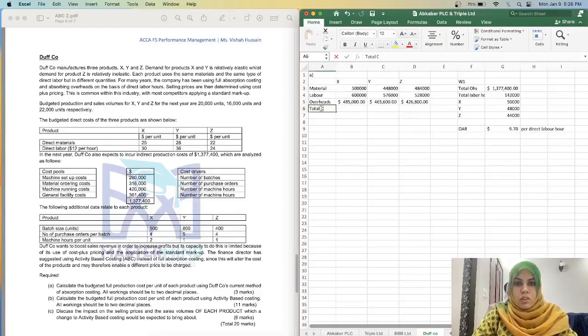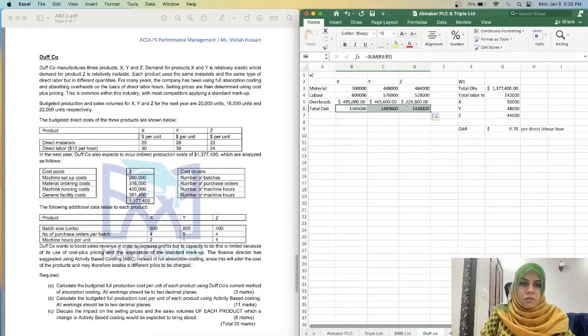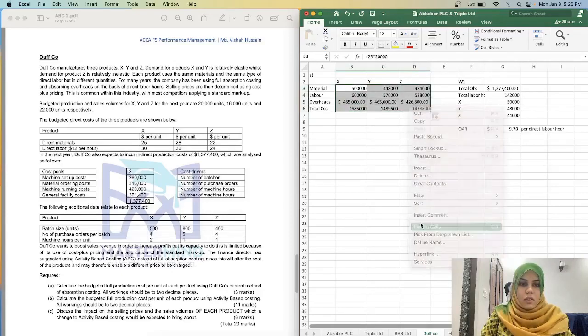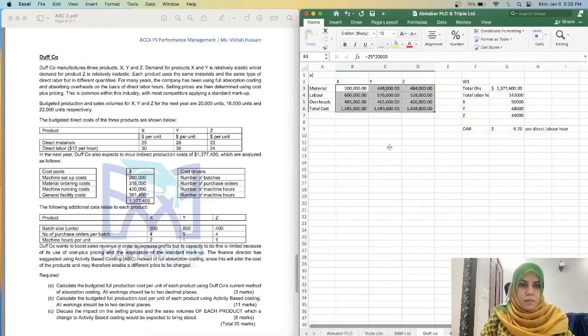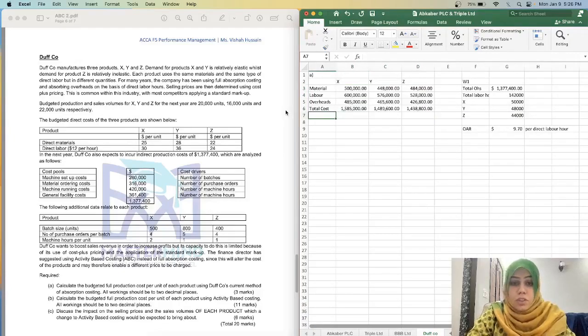Total cost, sum it up, format it, but they want you to compute the cost per unit as well.